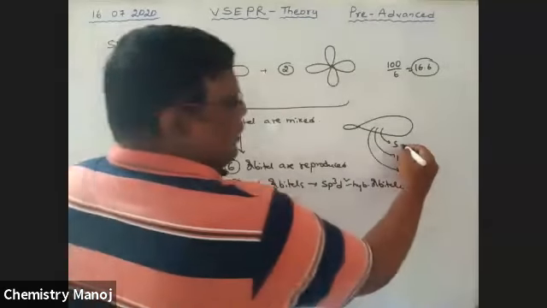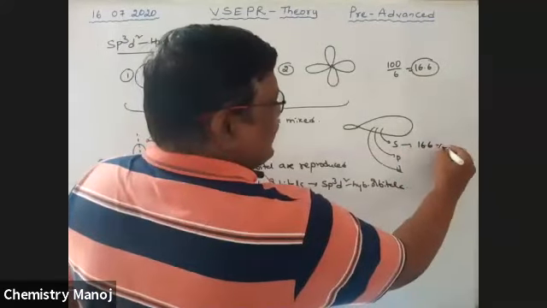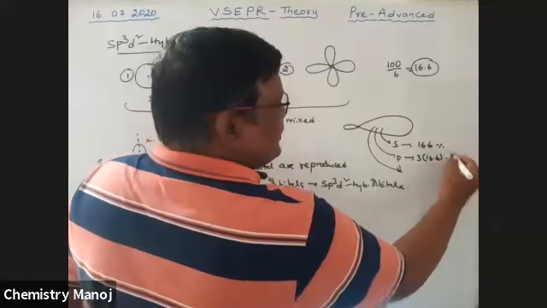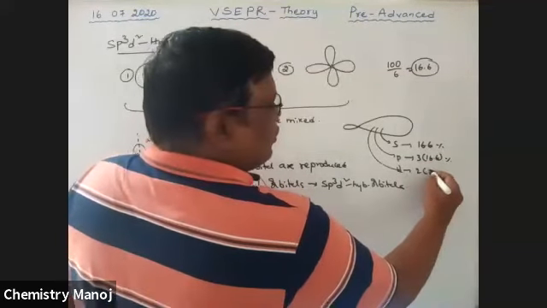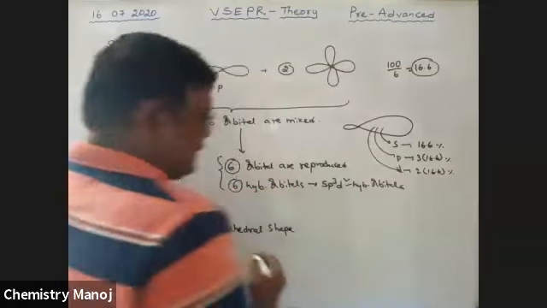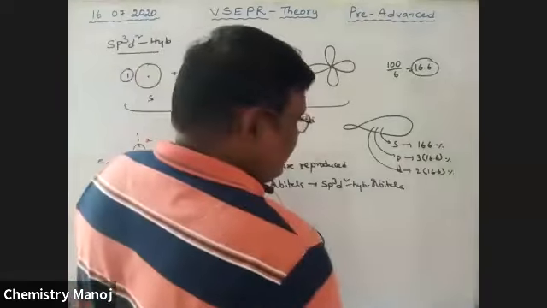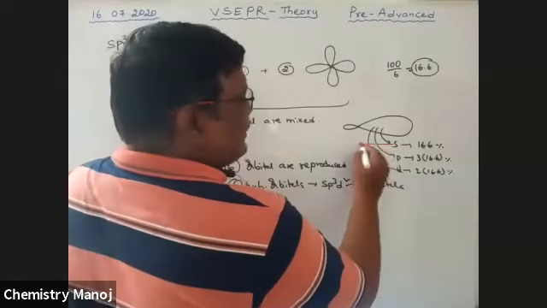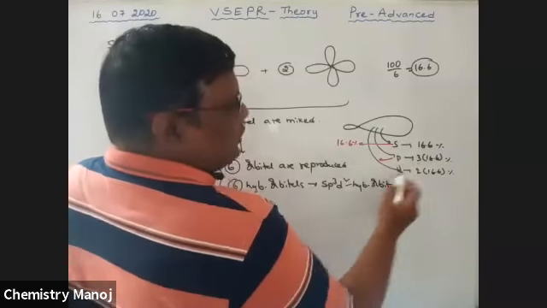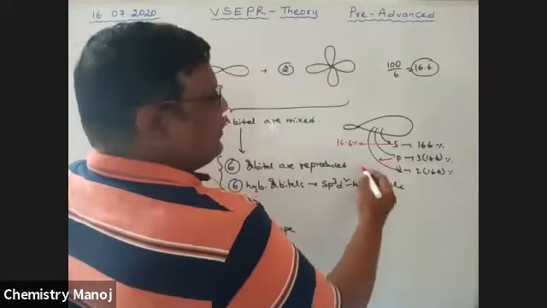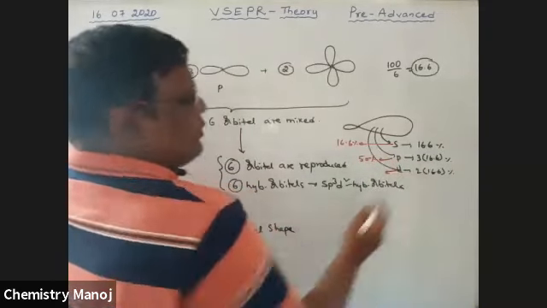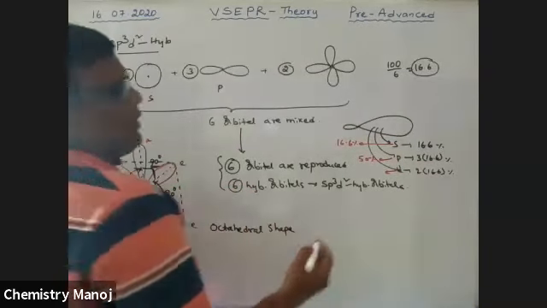Here one s orbital is 16.6%, three p orbitals are 3 into 16.6%, and two d orbitals are 2 into 16.6%. That means S has 16.6%, P has almost 48, that is almost 50%, and D has 16 plus 16, 32, 33.33.